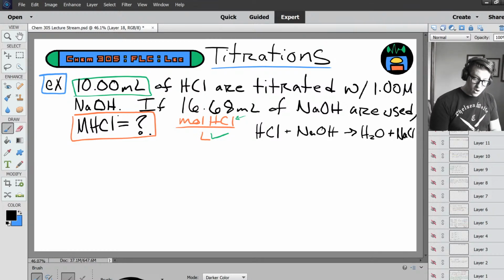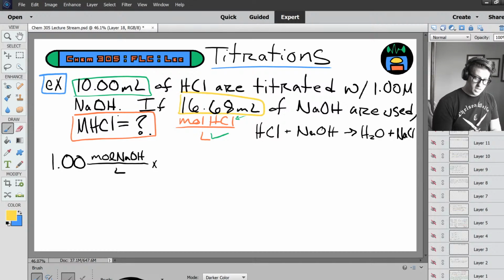So to find our moles of HCl, we have to start with the molarity of sodium hydroxide. So it's 1.00 moles of NaOH over liters. And here we multiply by the volume of sodium hydroxide used, right?